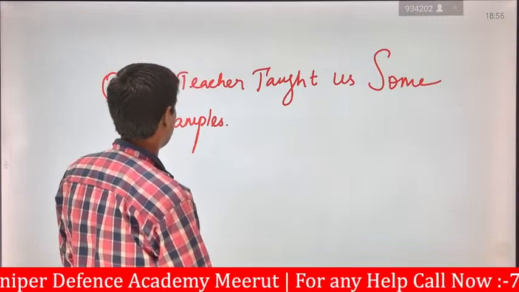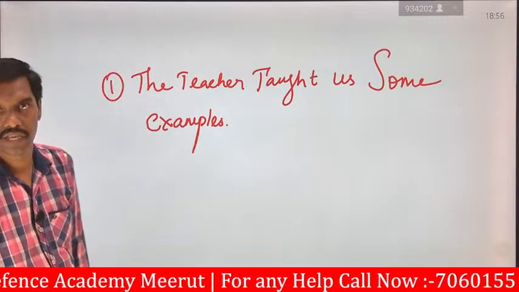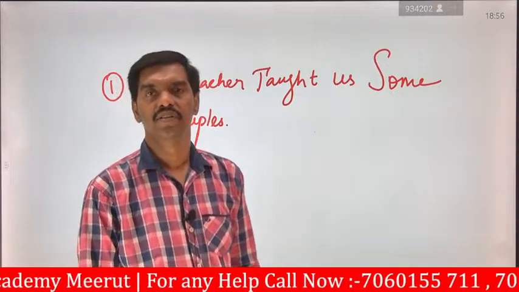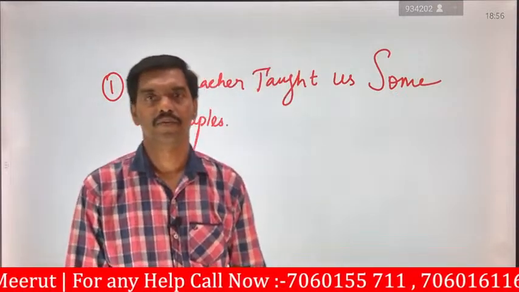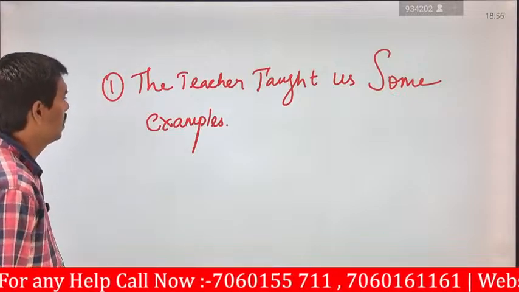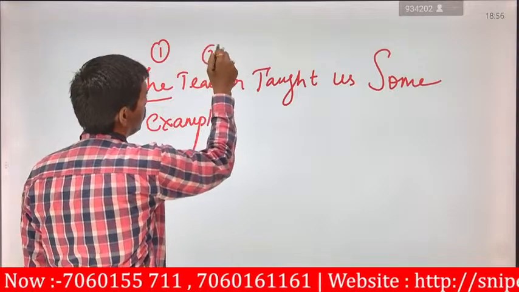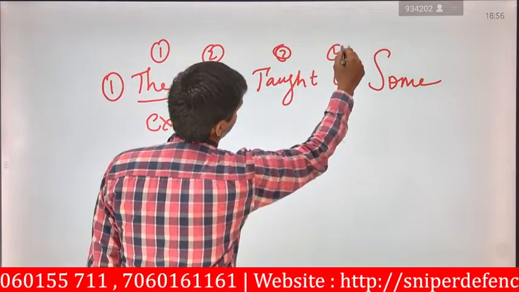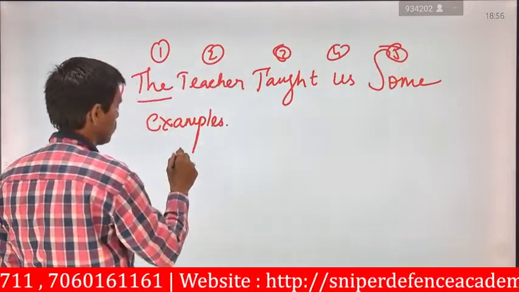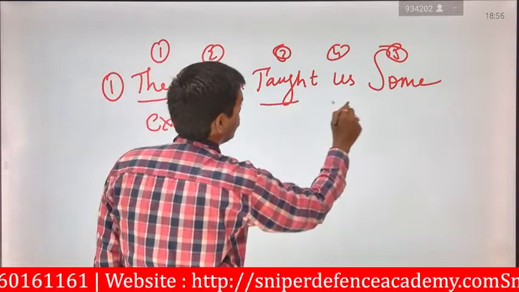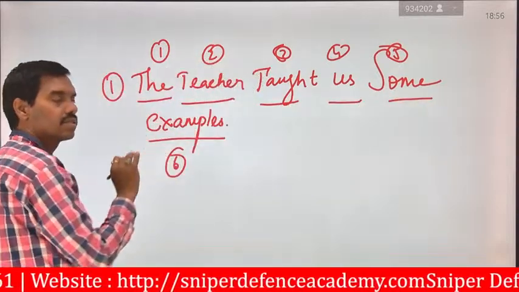Example means the teacher, maybe he or she, has given many examples. Okay. Here this is word 1, word 2, word 3, word 4, word 5, word 6. Okay, all these together are said to be a sentence.